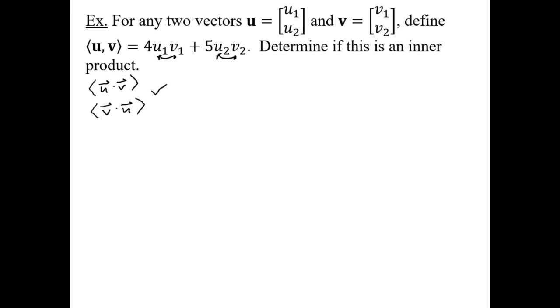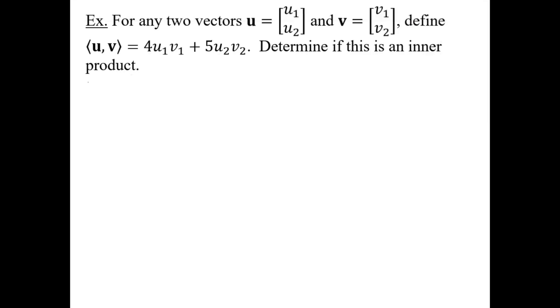I'm just going to put a check. There's not a lot of work to do here. We just need to think about it. Well, let me be a little more rigorous here. If I did the inner product of u and v, that would be 4u1 v1 plus 5u2 v2.